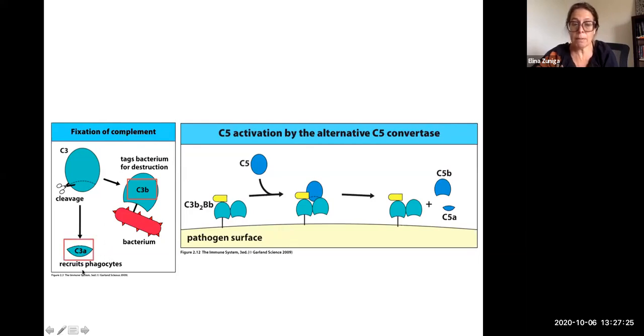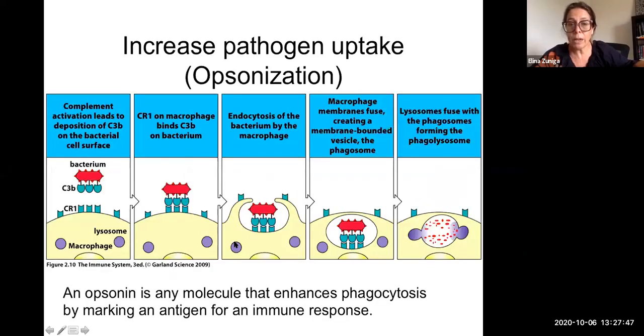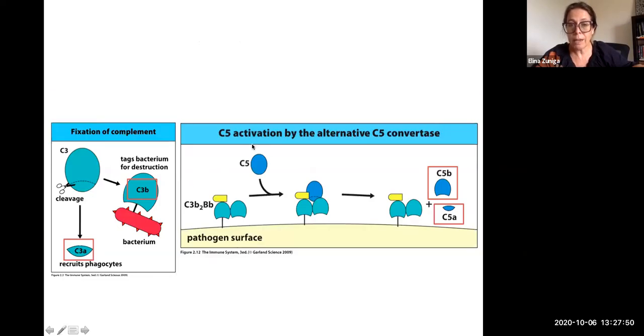In the meantime, C3a will be released and will act recruiting inflammatory cells like phagocytes, cells like macrophages and neutrophils, and we will see that in the next slide. But importantly, this C3b, now bound covalently to the surface of the pathogen, will induce the cleavage of C5 into C5a and C5b, okay? Keep that in mind.